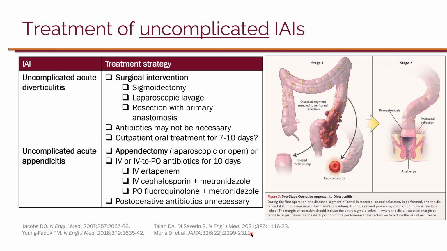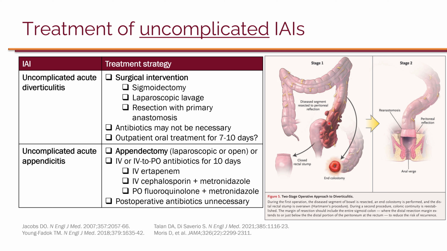When it comes to diverticulitis, essentially surgical intervention is recommended, and the sections of the colon that have these diverticula will surgically be removed, and then the end of the colon will be attached.